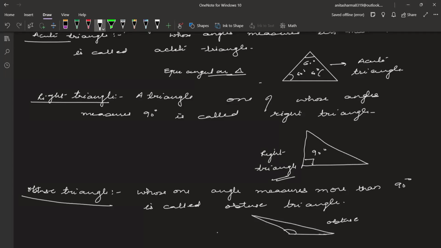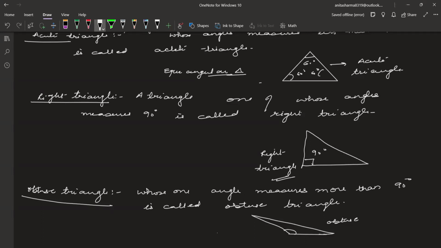Ma'am, is the right angle triangle an isosceles triangle? Rohini? Is the right triangle an isosceles triangle? Yes, it can be.